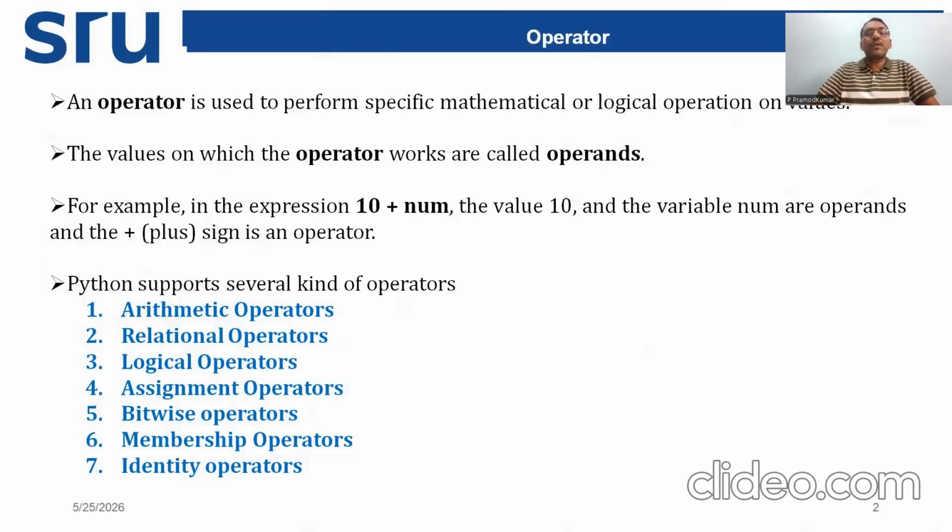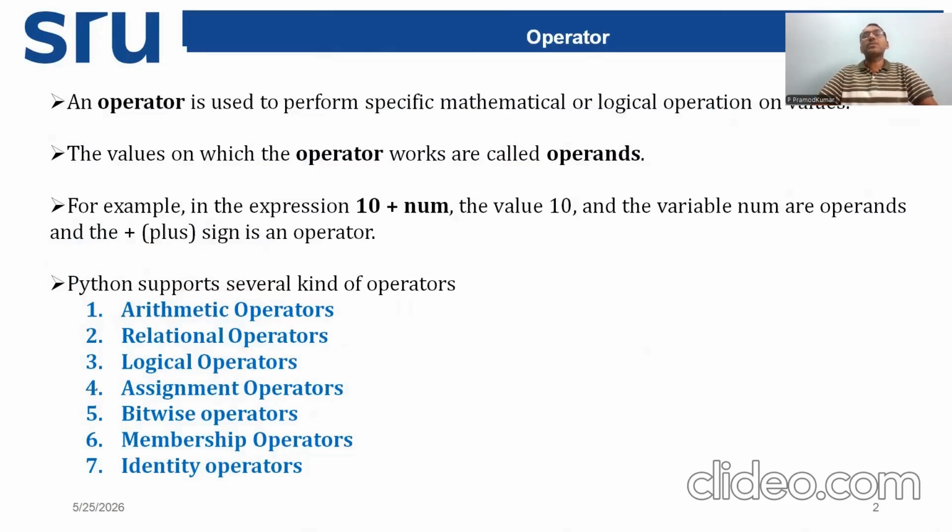In this example, 10 plus num, 10 and num are both operands and plus is the operator. An operand can be either a constant value or a variable. In this example, 10 is the constant value and num is the variable. It means 10 is always the same in the operation and num can vary from time to time, right?